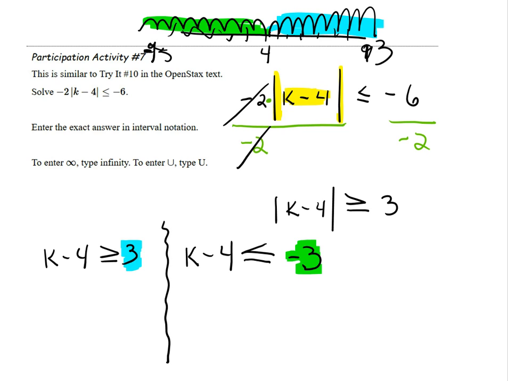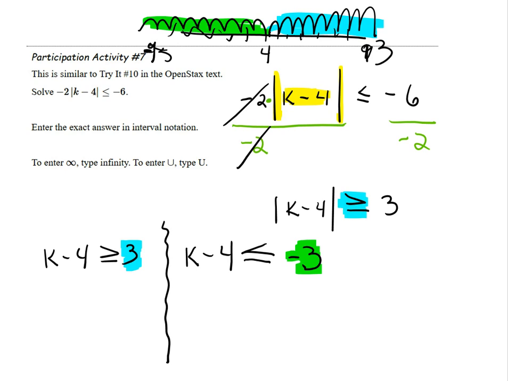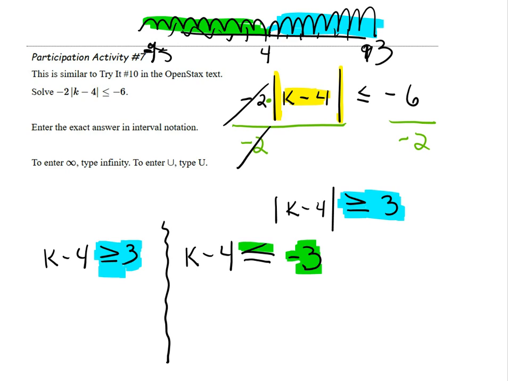So not only are you switching, like when you do it the first time, you're taking this inequality sign and the 3, okay? You're dropping the absolute value signs. But then you have to consider the other situation, which is less than or equal to the opposite of 3, which would be -3. And now we just solve both equations.